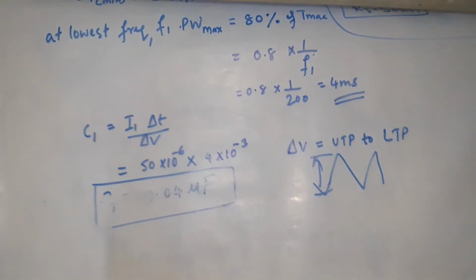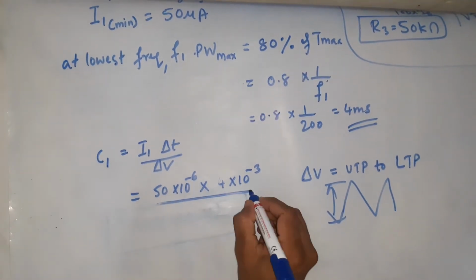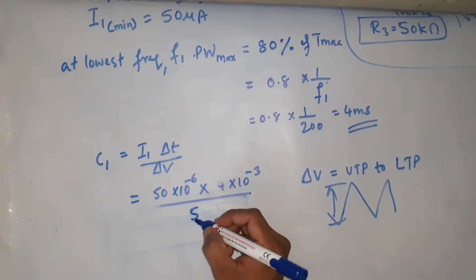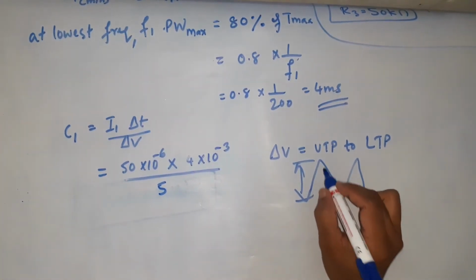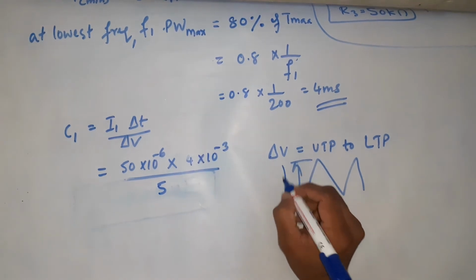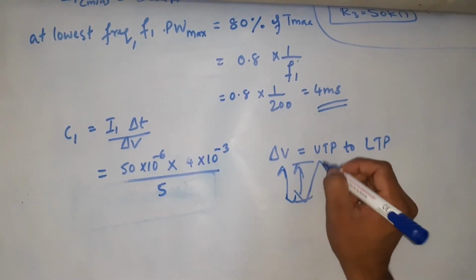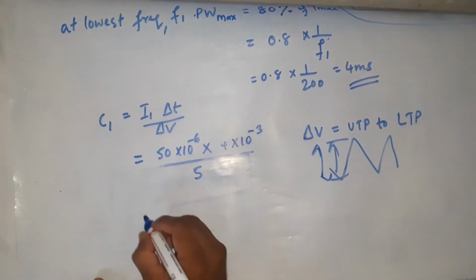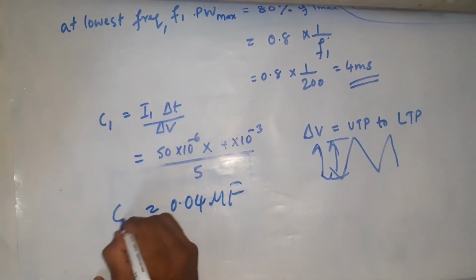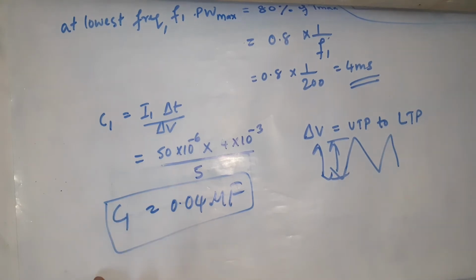Let me clean this. Yes, the change in voltage will be your phi, because from UTP to LTP the change in the voltage is happening. It will cover all 5 volts. Peak to peak is 5, so you need to take phi here. So this will give you 0.04 microfarad as your C1 capacitance.